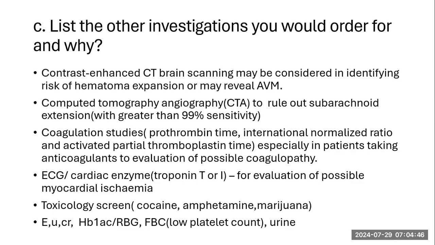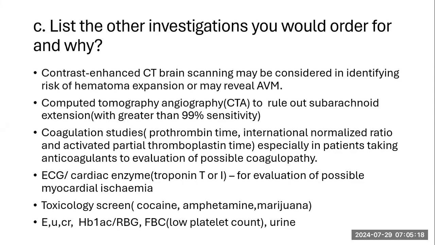It may also reveal the etiology, such as arteriovenous malformation. Then I also want to do computed tomography angiography. This is to rule out other differentials or complications, such as subarachnoid extension, or to rule out subarachnoid hemorrhagic stroke, which is a close differential of intracerebral hemorrhage. It is said to have greater than 99% sensitivity.